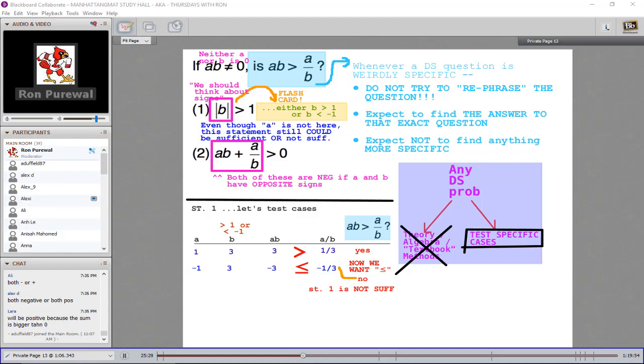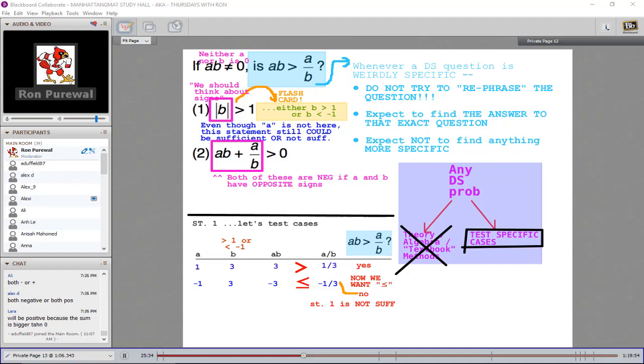But if they have the same sign, if they are two negatives or two positives, then AB is going to be positive, and so is A over B. So both of these are positive if A and B have matching signs. We need this to be positive. That's what the thing tells us. So A and B cannot have opposite signs, and they have to have matching signs.